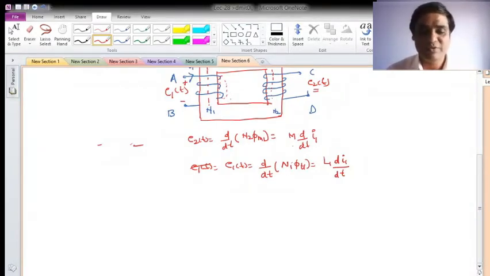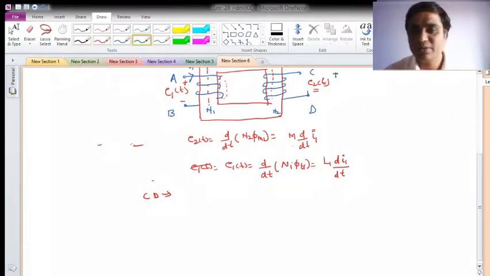So polarity of AB is good, A is positive, B is negative. Now polarity of CD, there will be two ways. It may happen that C will be positive and D negative, or C may be negative and D may be positive.